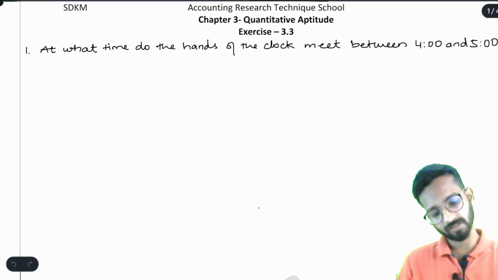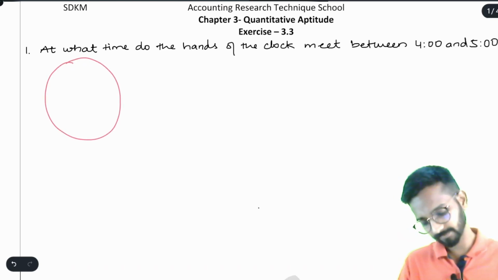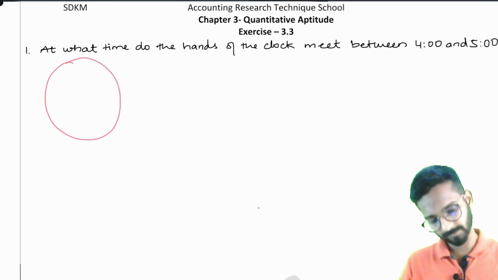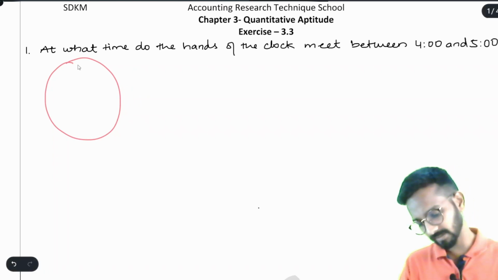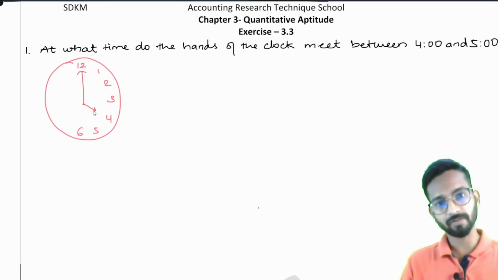It means if I draw a clock here, it is at 4 p.m. So I can say 12, 1, 2, 3, 4, 5, 6. At 4 p.m. this is the minute hand, this is the hour hand. At 4 p.m. and between 5 p.m.